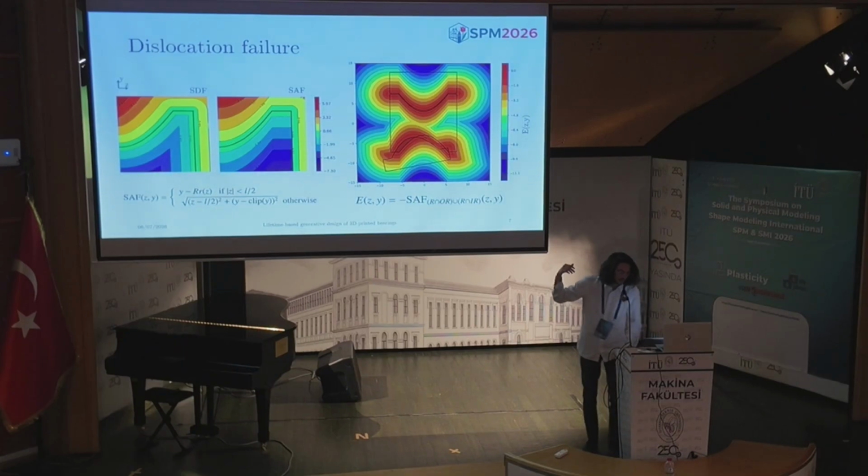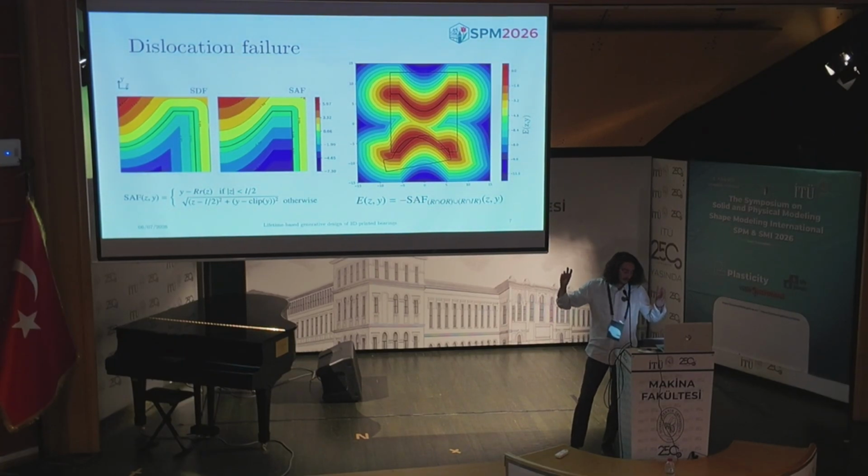Like this, we can create a field that represents the collision between the roller and the rings, and we can measure the dislocation of the roller from the ring.